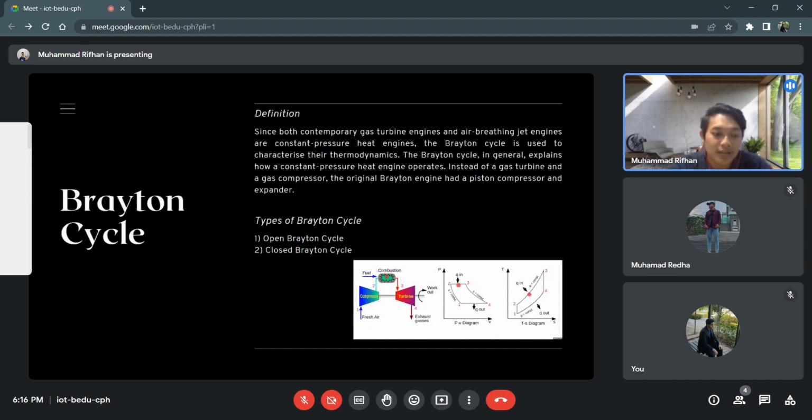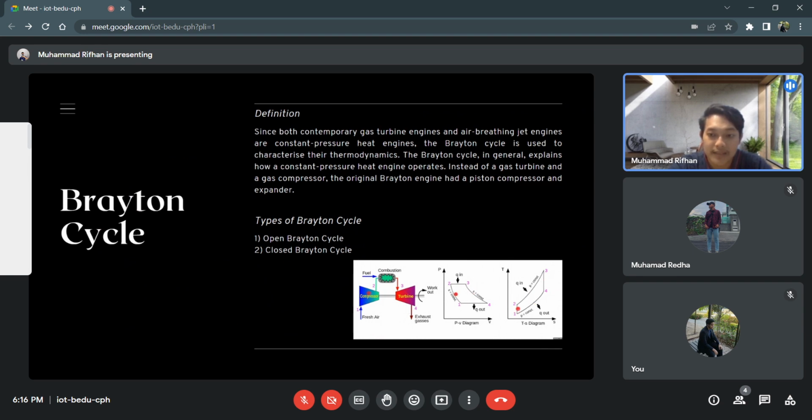The second cycle is Brayton cycle. It is defined as, since both contemporary gas turbine engines and air-breathing jet engines are constant pressure heat engines, the Brayton cycle is used to characterize their thermodynamics. And the Brayton cycle in general explains how a constant pressure heat engine operates.